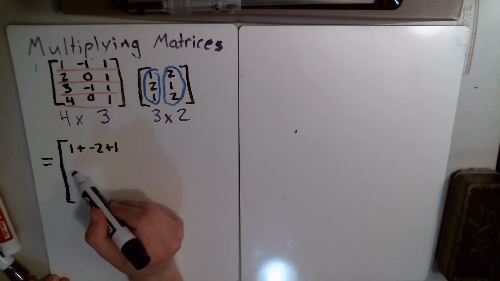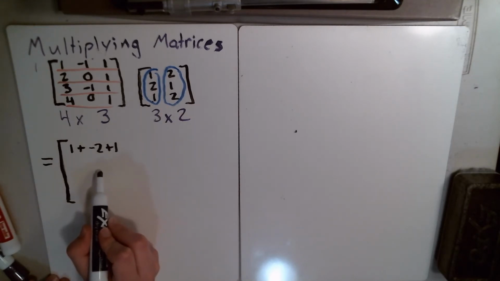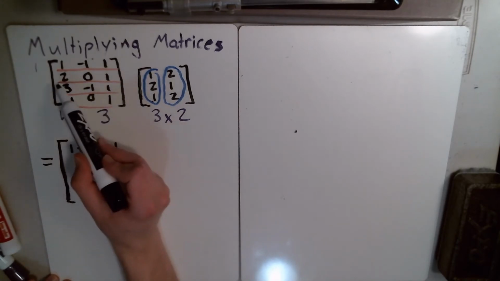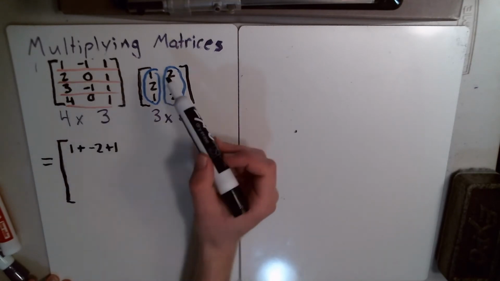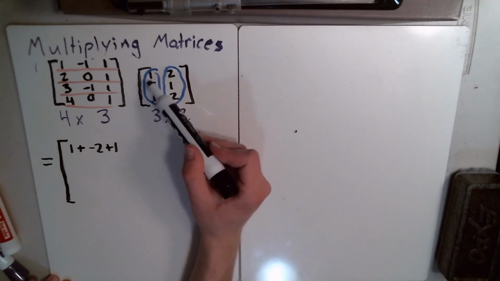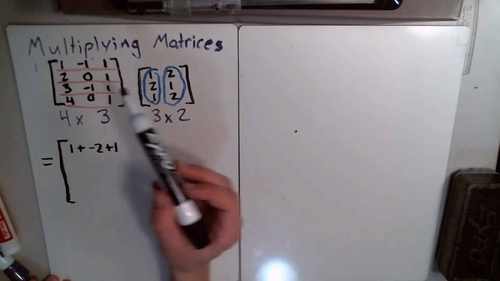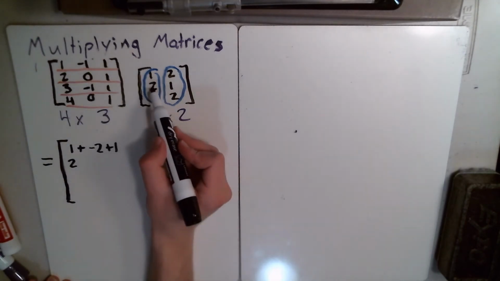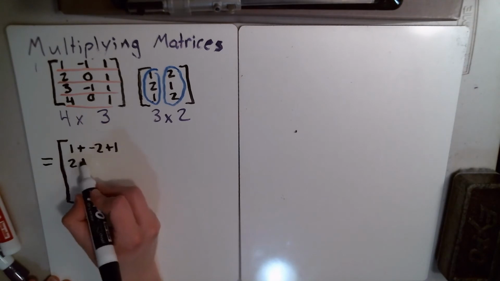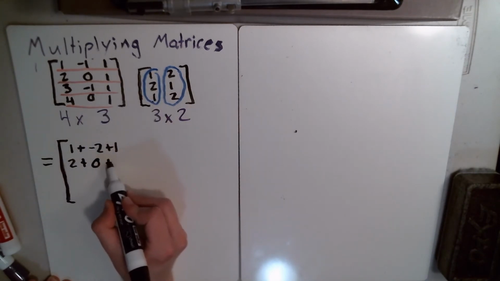Now to get the entry in the second row, first column, I take the second row of the left matrix and still the first column of the right matrix, and I times those two together. So I do 2 times 1 is 2, 0 times 2 is 0, and then 1 times 1 is 1.